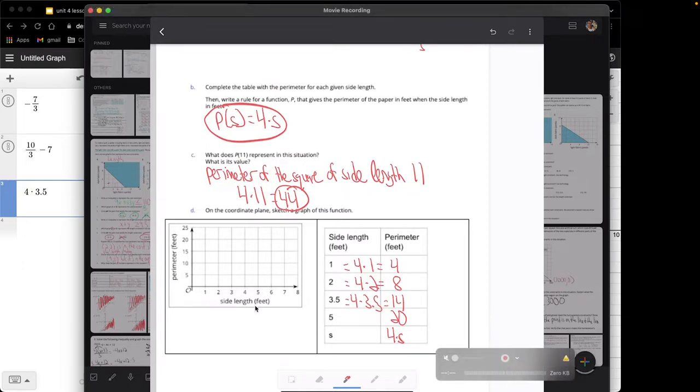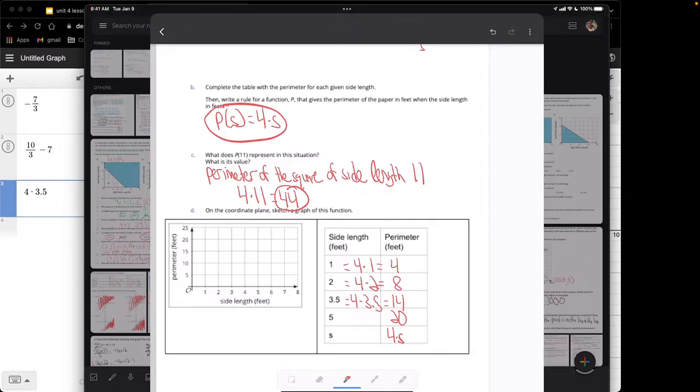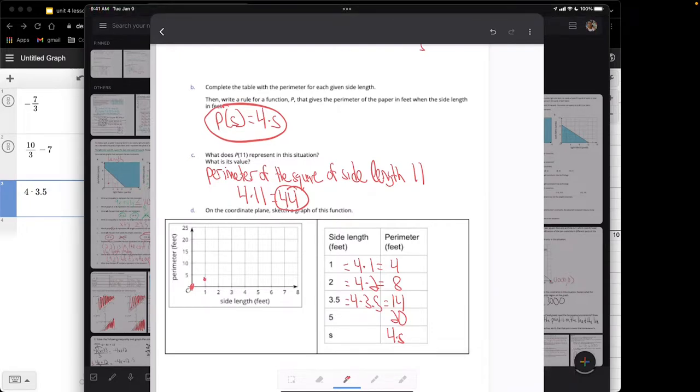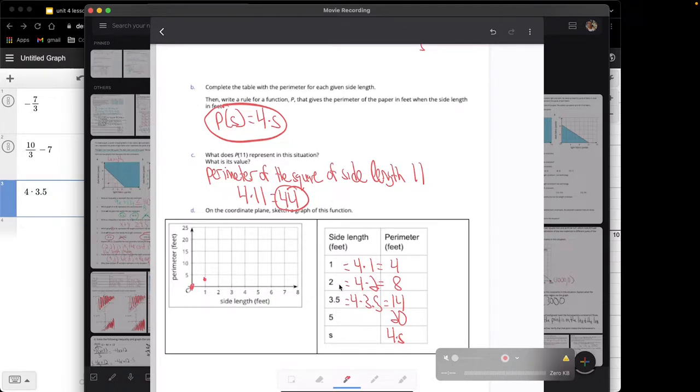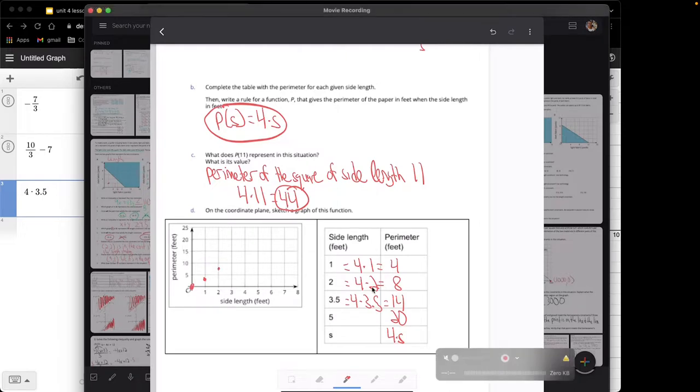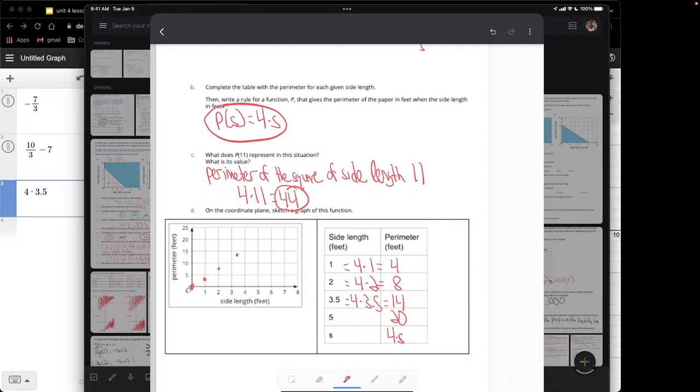Okay. On the graph, on the coordinate plane, sketch a graph of this function. So once again, when the side length is 0, our perimeter is going to be 0. When the side length is 1, it's 4, which will be about here. When it's 2, it's going to be 8, which will be about here. When it's 3.5, it's going to be 14. So that'll be about here.